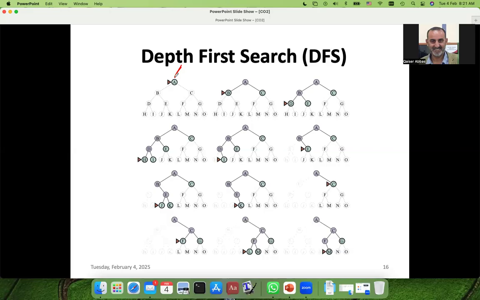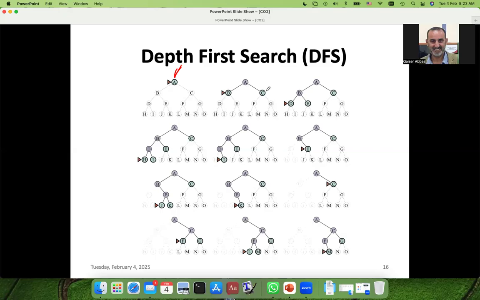So initially, this node is in the frontier. And then it will be popped from the frontier and then it will be expanded. It will be popped and two new nodes will be generated and added into the frontier. Then how will DFS go? What is the picking order of the nodes?